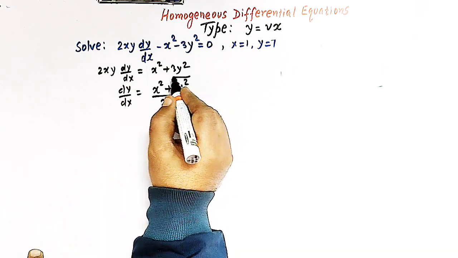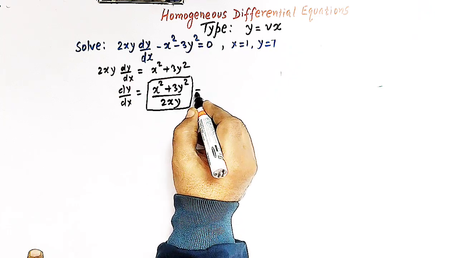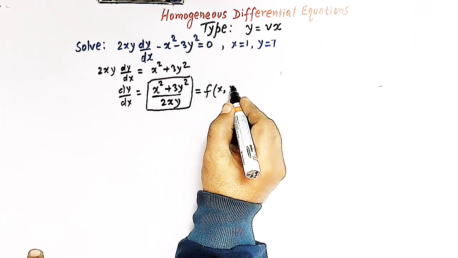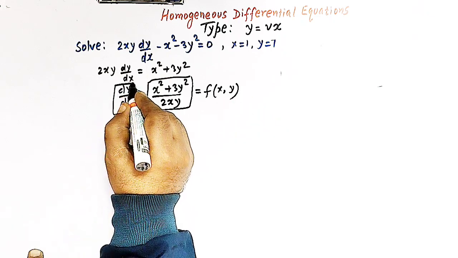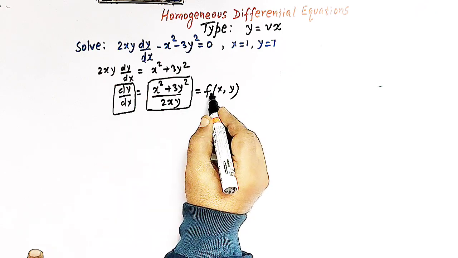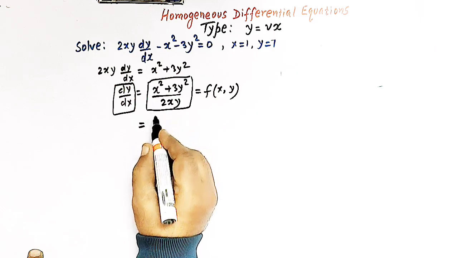So now here we see that the right hand side is a function of x and y, say f of x comma y, and here we have the derivative of y, that is dy over dx.